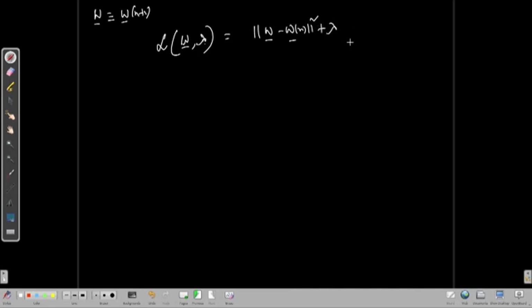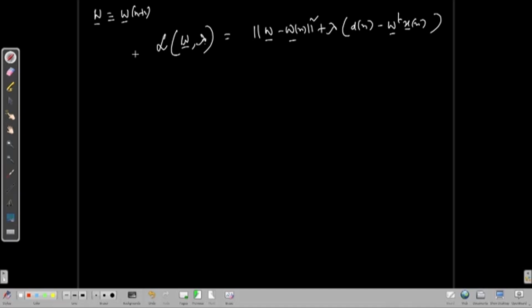Then lambda times that constraint. Constraint is d n minus, because if it is 0, it will be d n equal to w transpose x n. So that w will be lying on that line and it will be minimized. Subject to that, it will be minimizing this, then only overall is minimized.